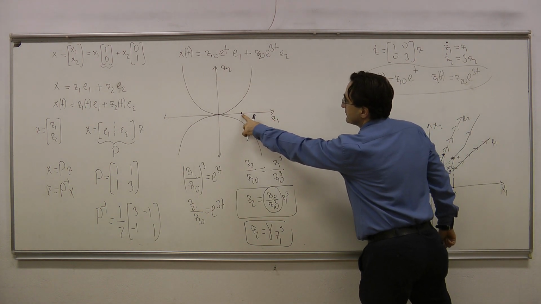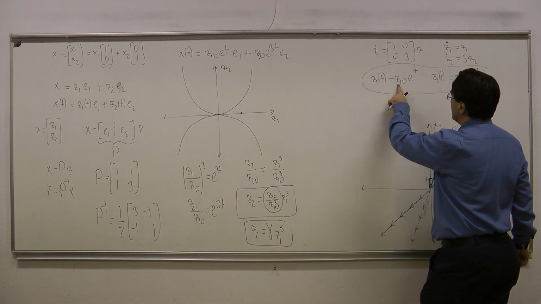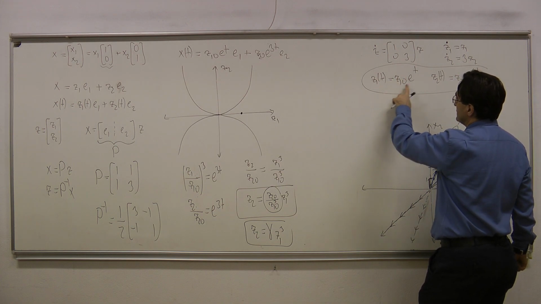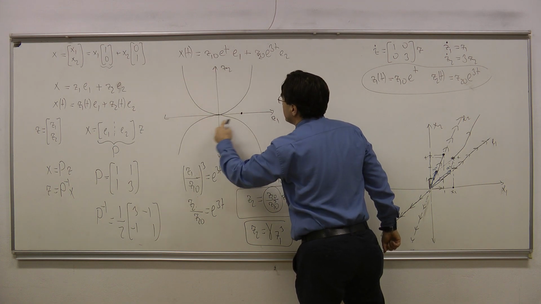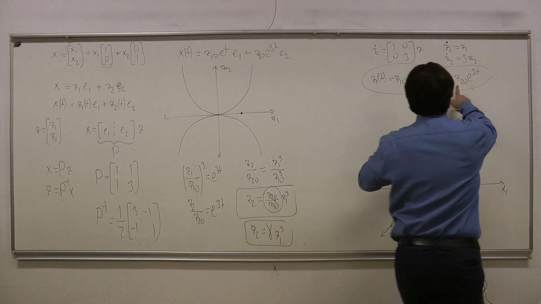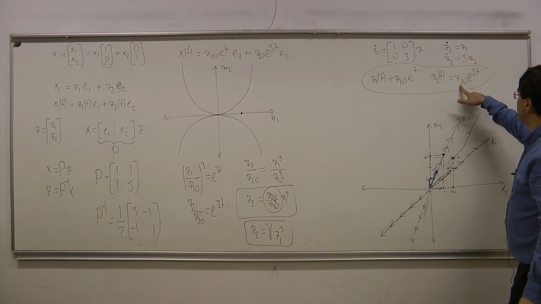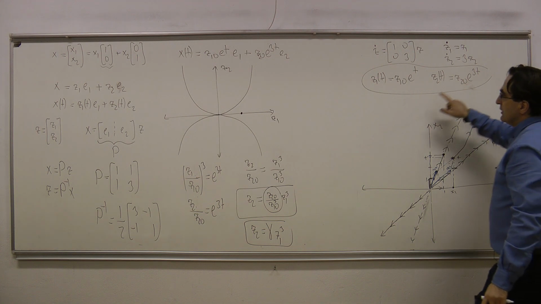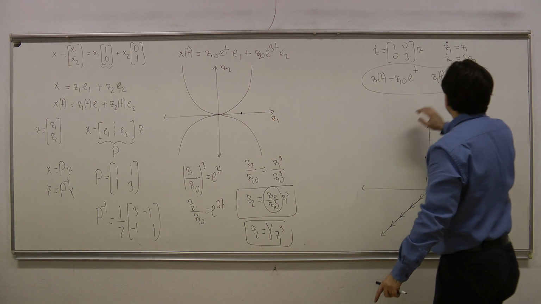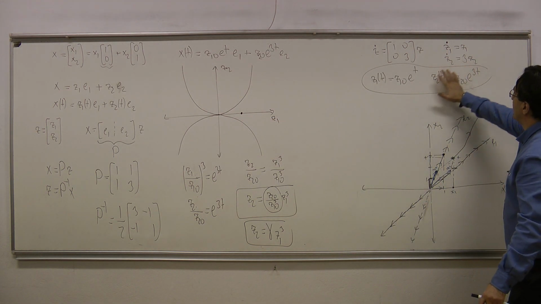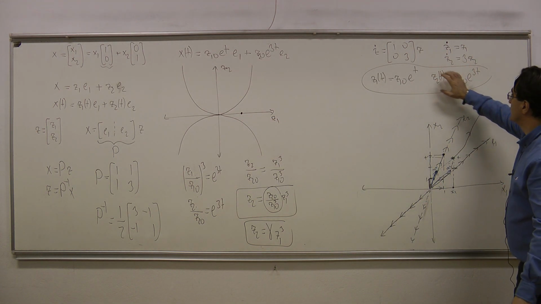If I start the system here, Z1, 0 is non-zero and positive, and Z2, 0 is just 0 on this line. So this is 0 here. So we see that if I start the system here on this line, then Z2 is going to be 0 forever, because Z2, 0 is 0.